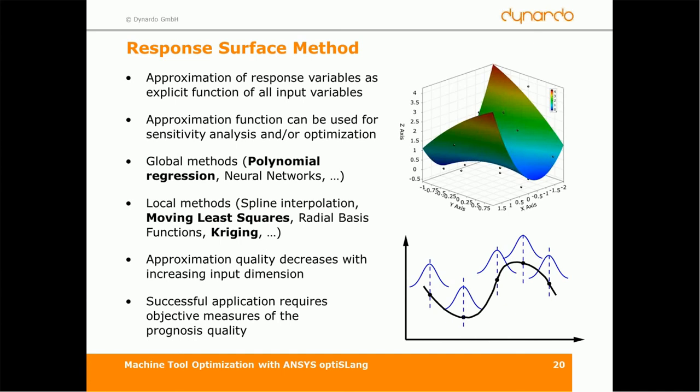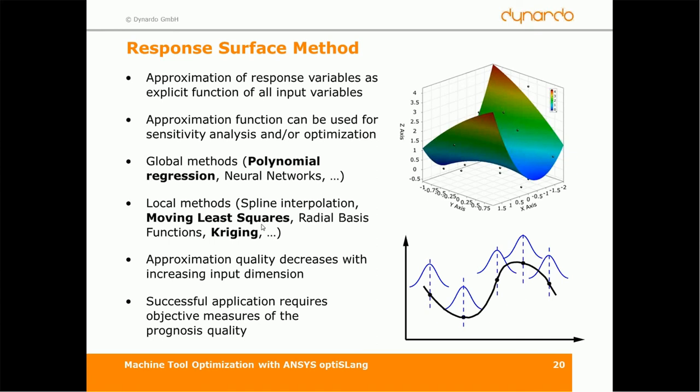So we have in literature a huge number of individual response surface approaches. What are we doing in optiSLang? We just collect the most suitable of them, and we test them in a kind of challenge between them to find out what is the best suitable Metamodel for the specific case.